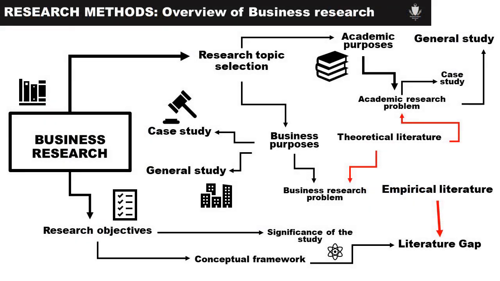And these research objectives tend to form the relevance for the study, meaning the research objectives are basically components of the study that form the significance of the study. So the significance of the study basically comprises information that is relevant to particular stakeholders.